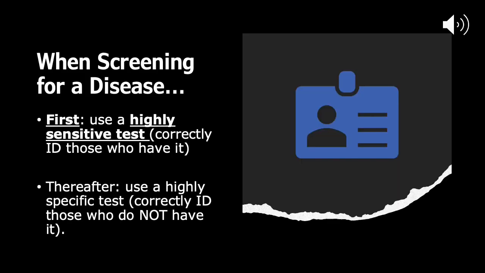So when we're screening for diseases, we need to first use a highly sensitive test, and thereafter we use a highly specific test. So we always first use a highly sensitive test, and anything after that we use highly specific tests.